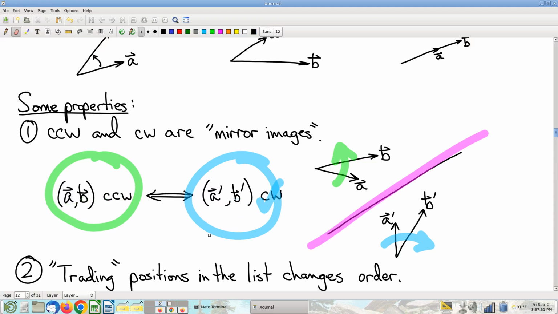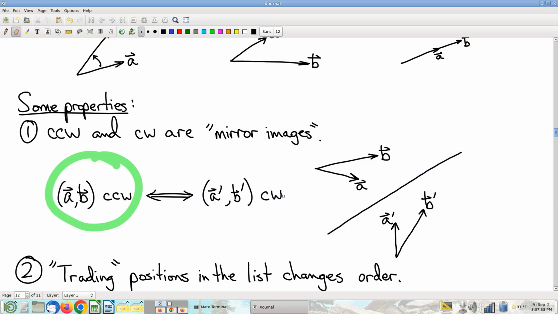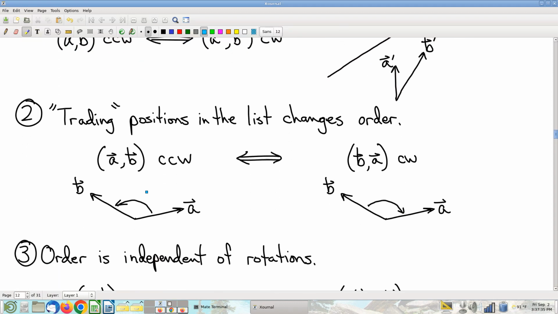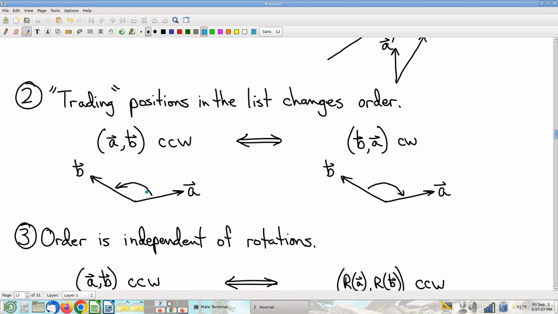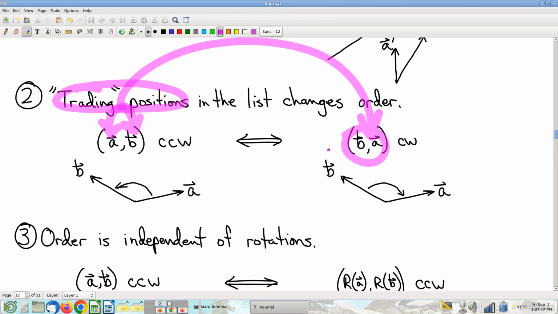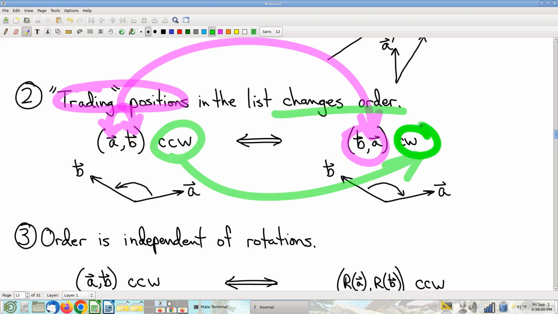Here's another property. If you take the vectors on your list and actually change where they are on the list, so if you trade the positions of two of the vectors, such as I've done there, A is now where B was, and B is now where A was. If you do that, that will change the order, so counterclockwise turns into clockwise.